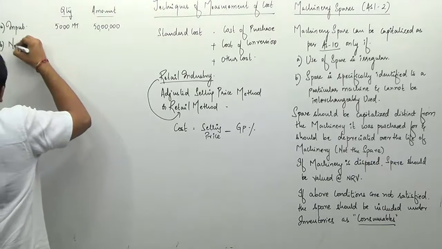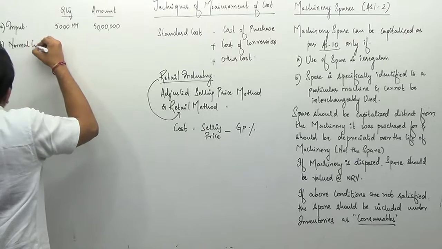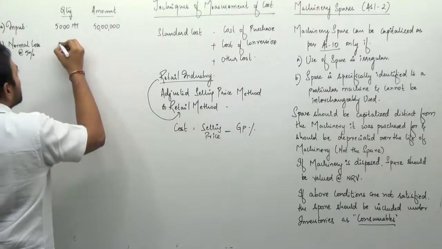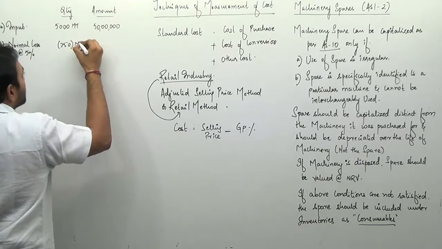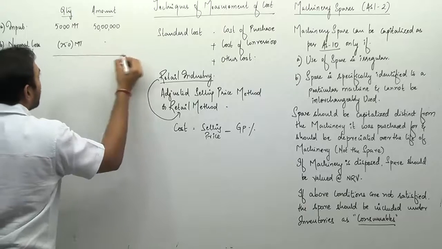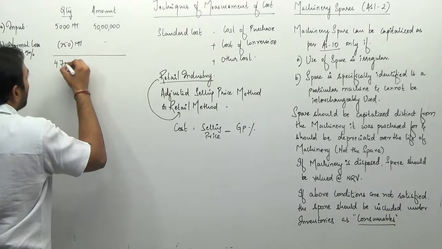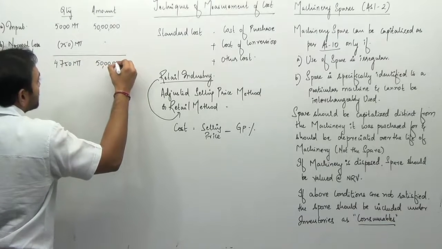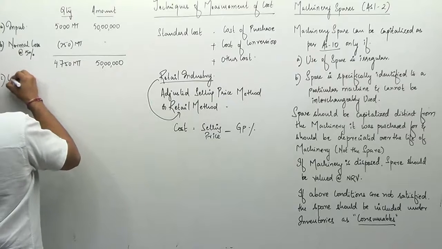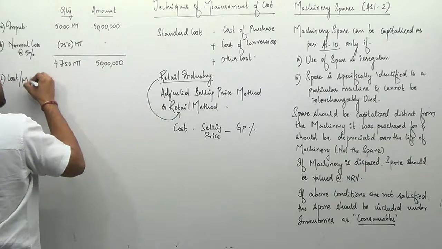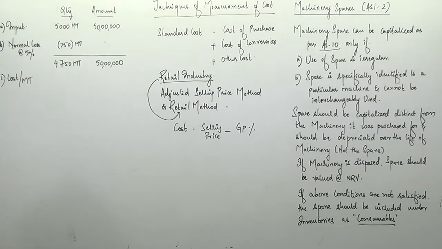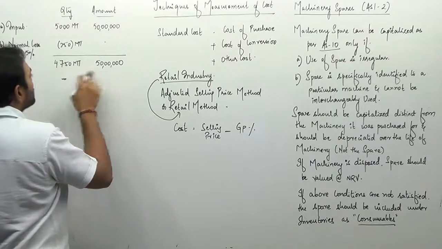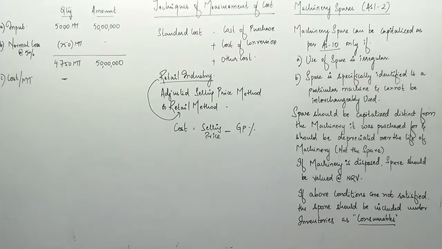However, you have a normal loss on this. What is a normal loss? 5% is the normal loss. If 5% is normally lost, then 250 MT is lost. That means I'll normally be left with 4750 MT having a cost of 50 lakh rupees. From this I can identify the cost per metric ton. What is the cost per metric ton? It is 50 lakhs divided by 4750.